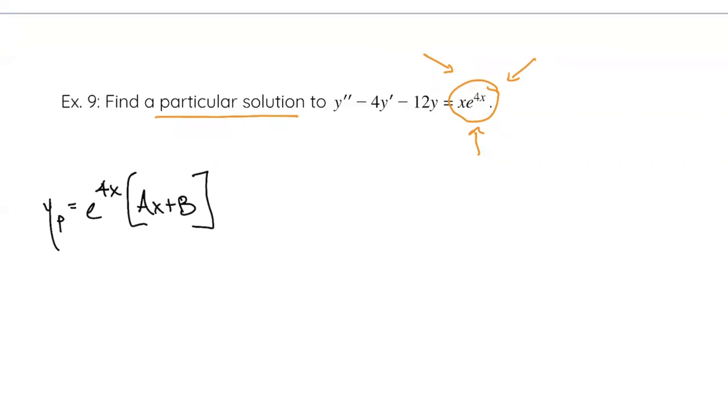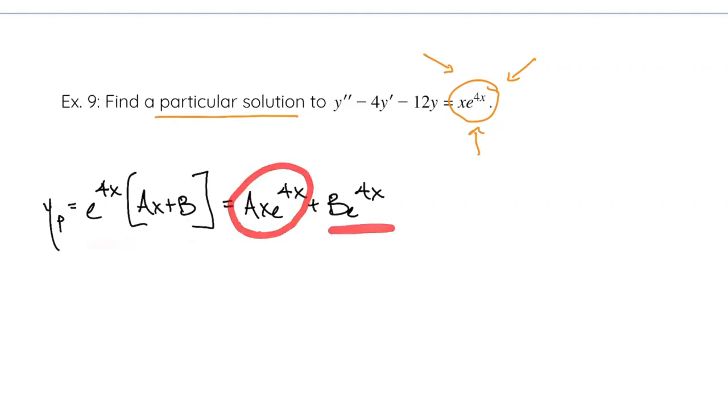It's up to you which is easier for your brain to take a derivative of. If you're fine using product rule here, great. If not, distribute and then use product rule here and chain rule over here.